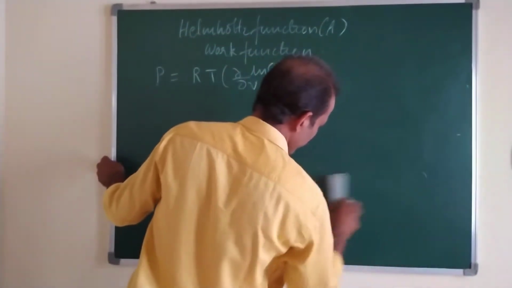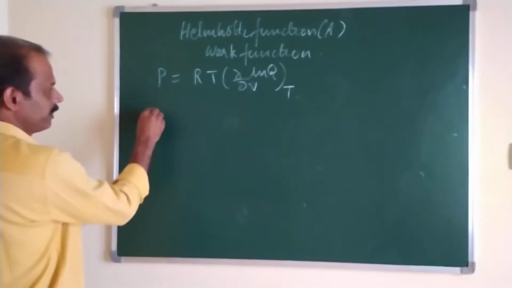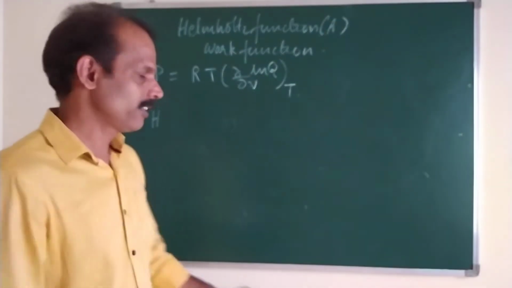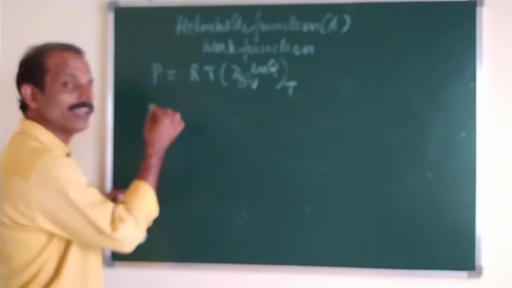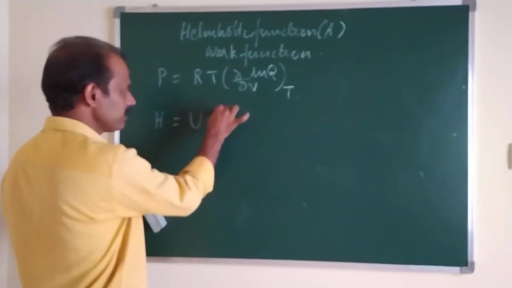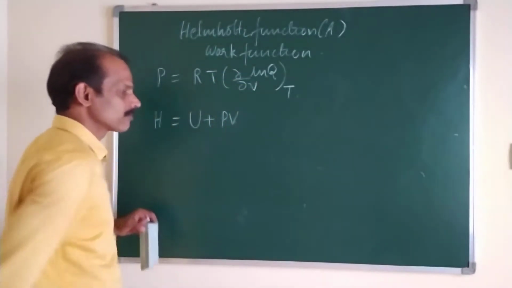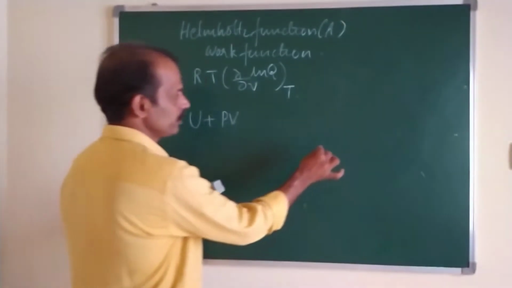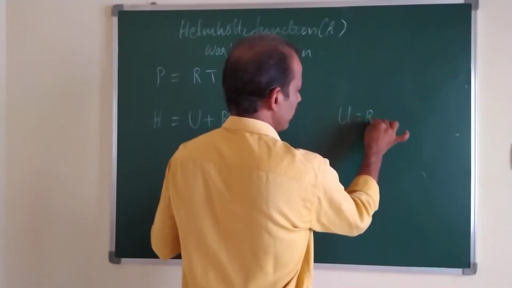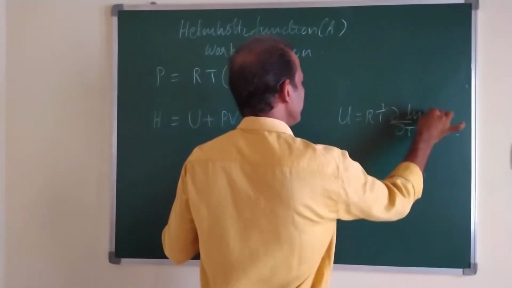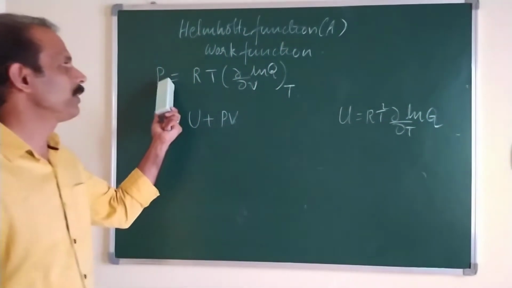And the next property is H, that is total heat content or enthalpy. And we know H is equal to U plus PV, or E plus PV. And we know what U is, RT square dou by dou T ln Q. And we know what P is.